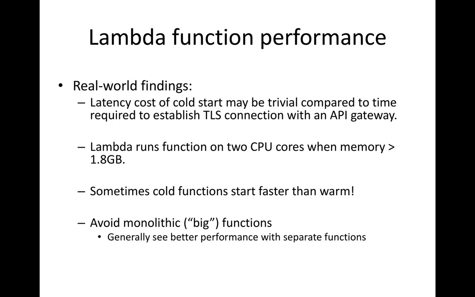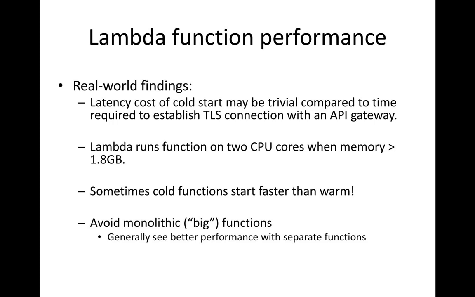If you allocate more memory to a Lambda function, then AWS will allocate more CPU to the Lambda function. And what we found is that when you allocate more than 1.8 gigabytes of memory to a Lambda function, the function will run on 2 CPU cores instead of one, which means that in some cases, depending upon the nature of the function, it might actually execute faster when you give it more memory.